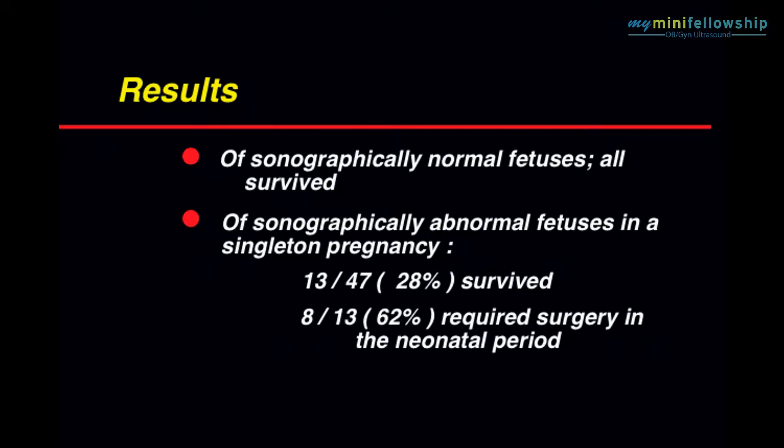And of the 13 that survived, 8 of them, 62%, required surgery in the neonatal period to correct the abnormality. So, what a remarkable difference. Fetus sonographically normal, great outcomes. Fetus sonographically abnormal, scare the pants off of you outcomes.